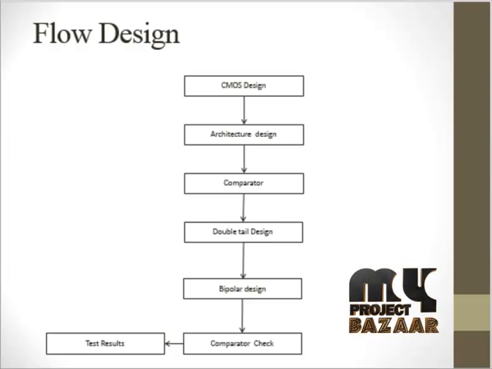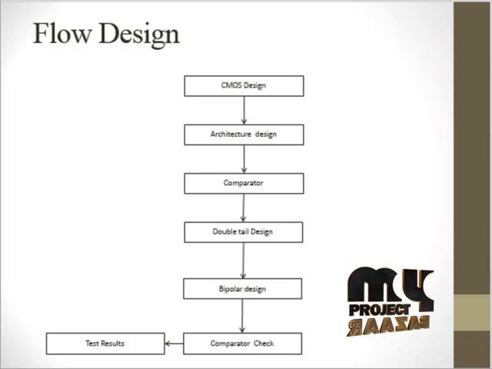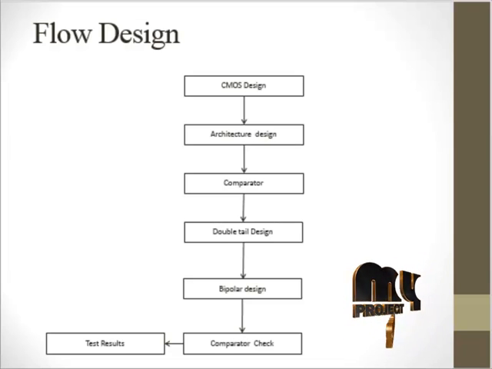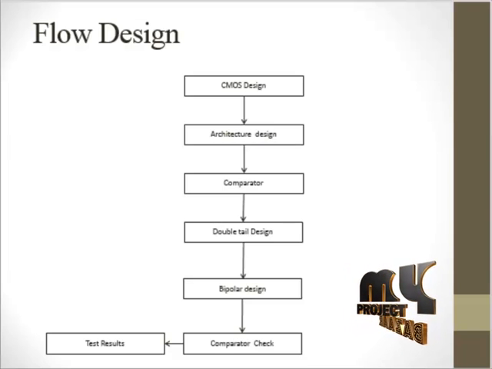If A is greater than B, the output is also high, which means 1. If A is less than B, A is low and B is high, and the output is 0, a low output.